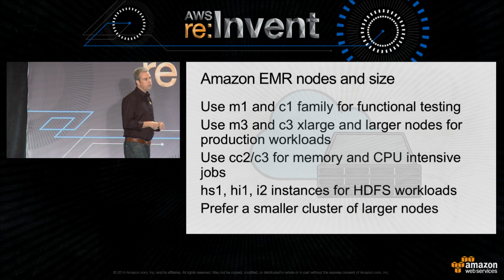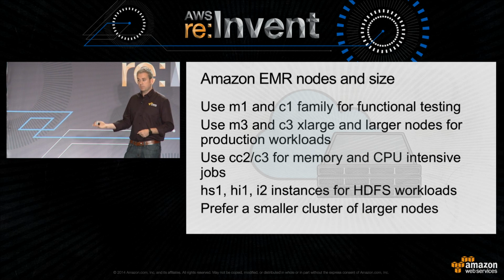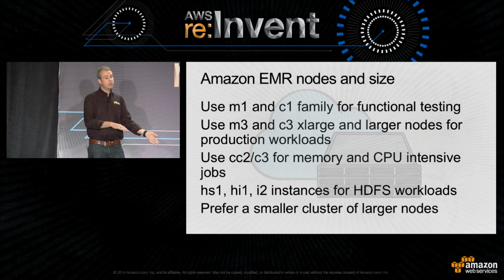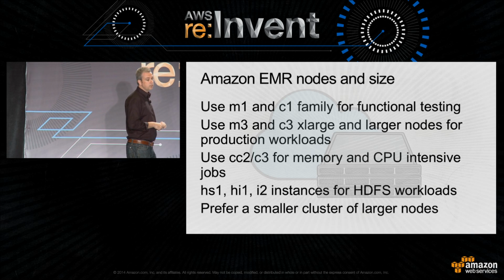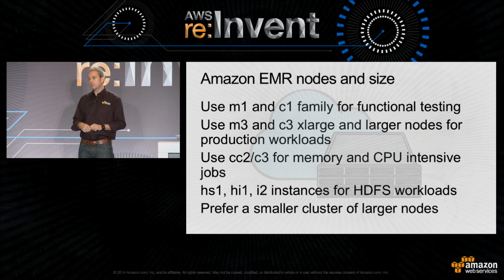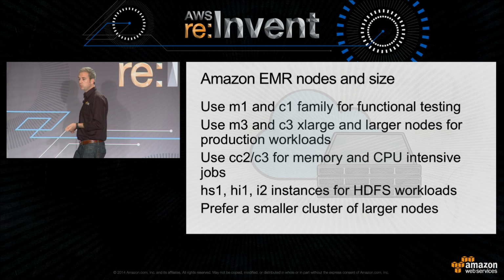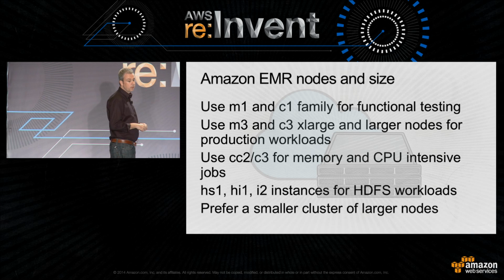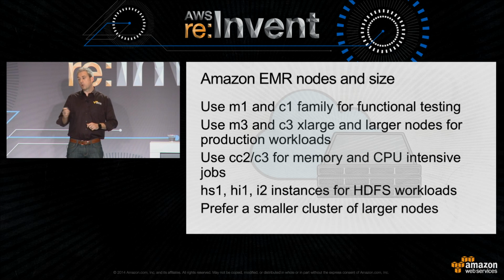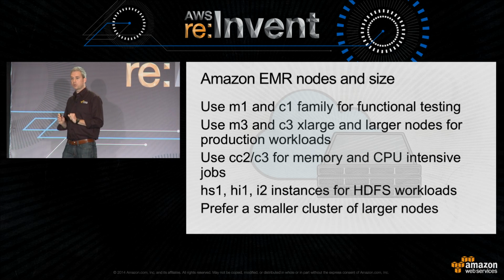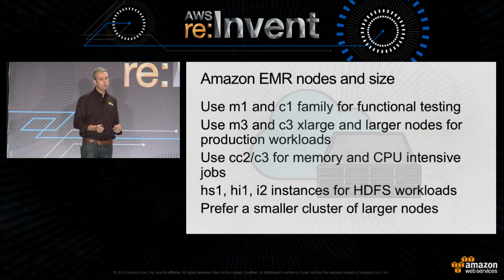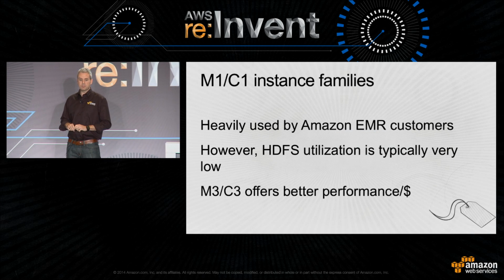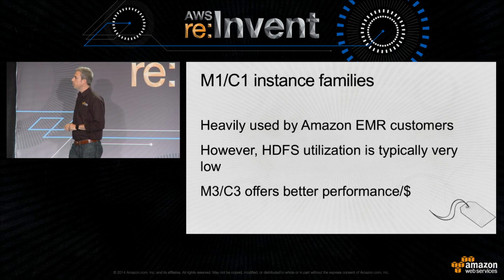You definitely want to use CC2, C3, and in future C4 instance types for very memory and CPU intensive jobs, but also take advantage of the storage optimized instances like HS1 with 48 terabytes of local storage, High1 with 2 terabytes of SSD, that will do about 120,000 IOPS each, or I2. And also generally we encourage you to run a smaller number of large nodes than always scaling horizontally. The reason for that will become clear in just one moment.